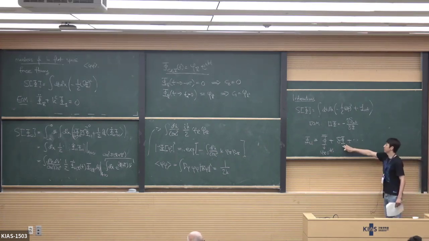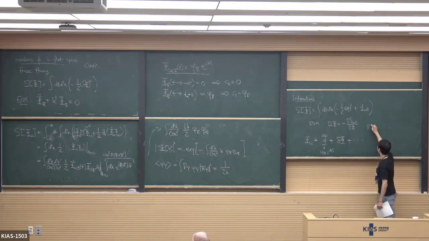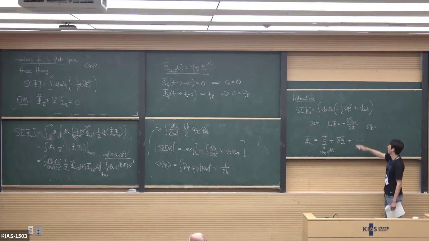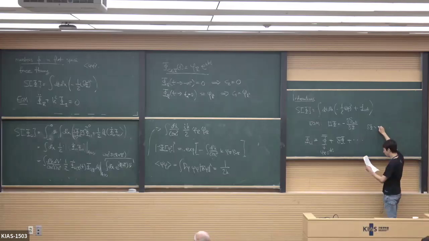And then we will solve this equation perturbatively, where now this delta phi would be the formal solution to this with the Green's function.